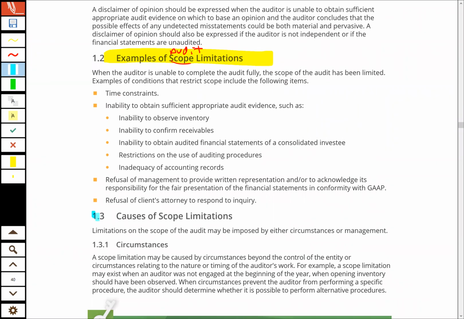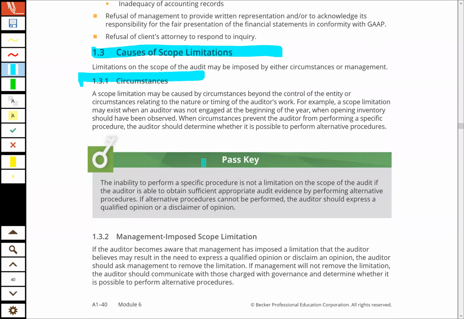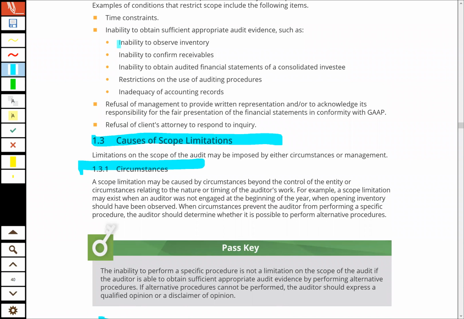Now, when we look at the causes of these audit scope limitations, it could be by circumstance, or it could be imposed by management. Management imposes a scope limitation on us. Now let's go back up to this example, inability to observe inventory.